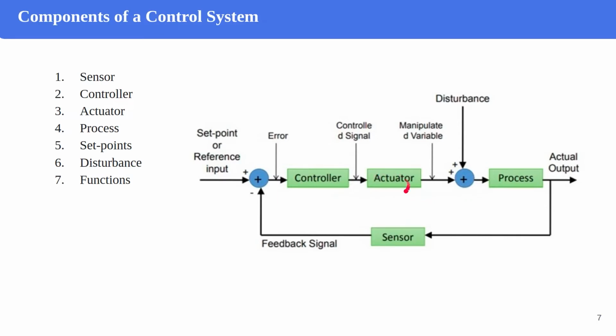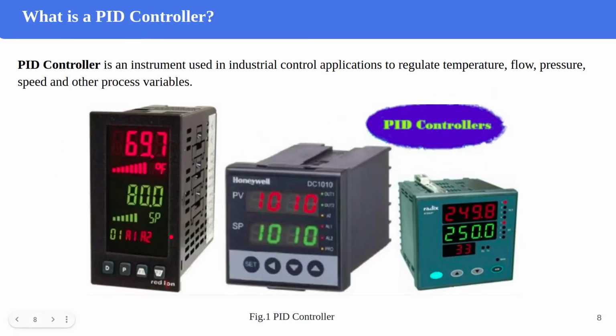So this actuator is used to manipulate the variables. We have the disturbance, process, and the set points or reference input that are predefined values by the operator that we are trying to get as the desired value in our control system. We also have functions that I'll show you in the next slides.